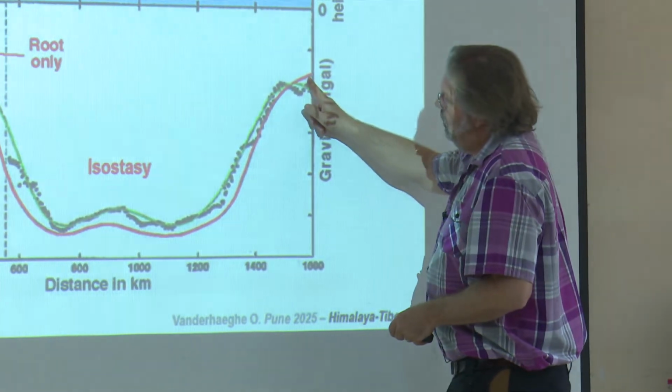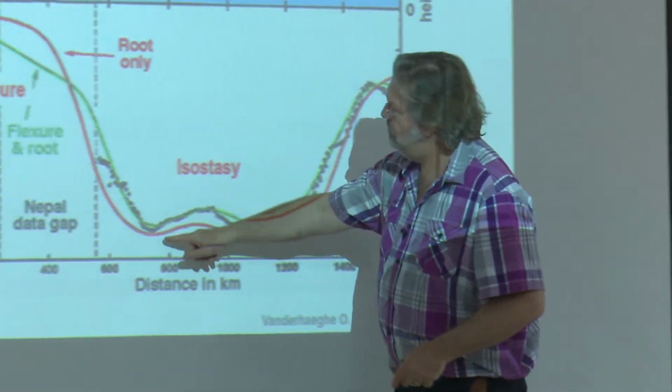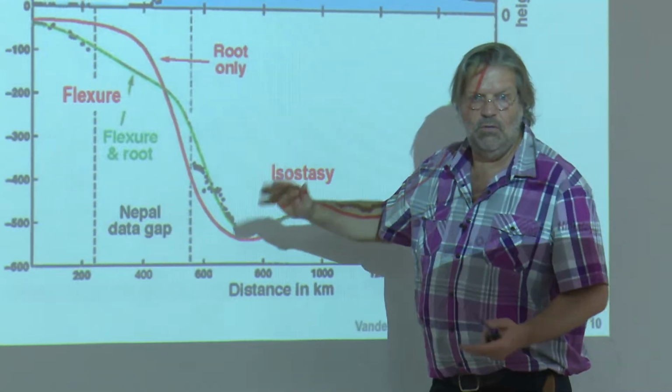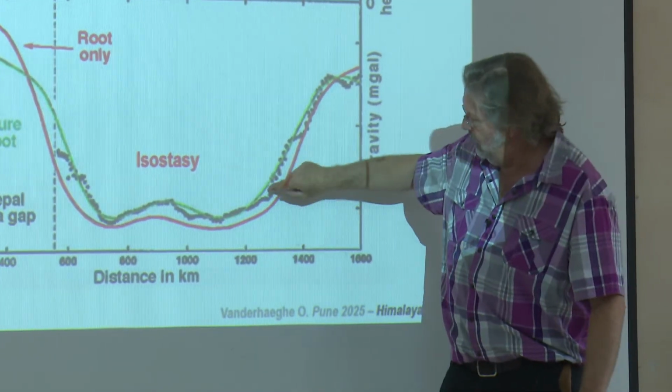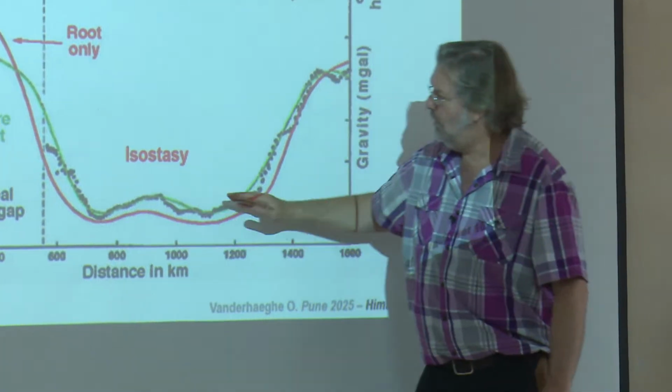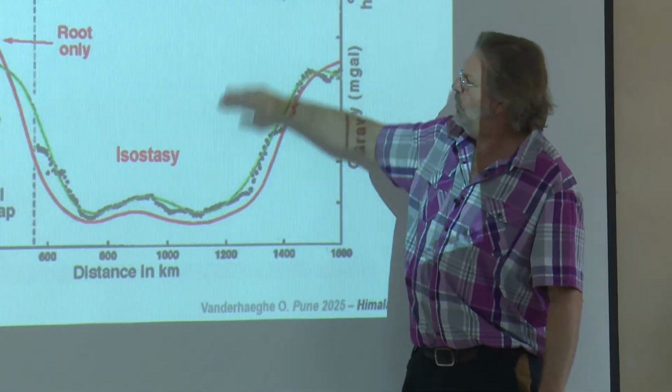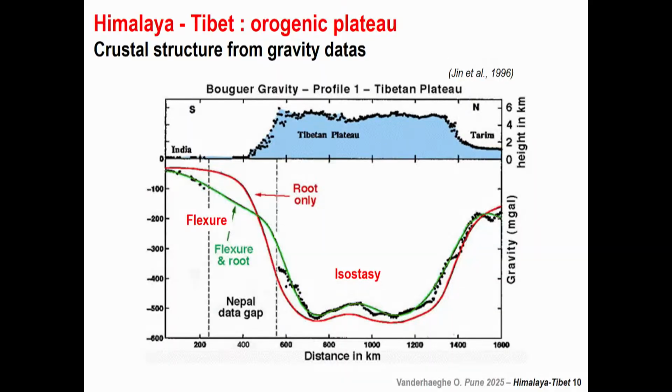But the isostatic model, the red, is not that bad. It gives you the first order signature of the thickness of the crust, especially in the zone of the plateau. But especially on the foreland, on both sides, there is a need to take into account that flexural rigidity. It's in the place where the plate bends.